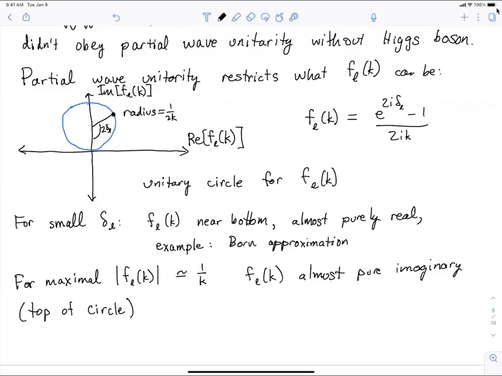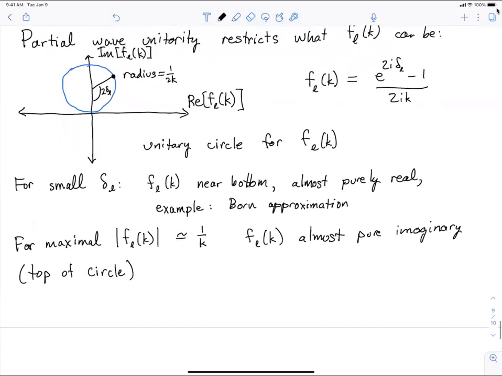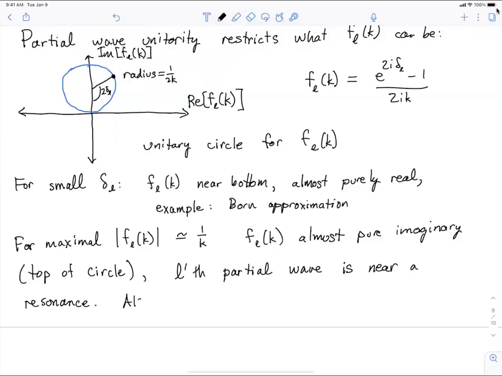Okay, and not today, but in a future lecture, we'll explore in more detail what that means. And it means that the nth partial wave is near a resonance. Okay, and also sine of delta L is near 1, so you're saturating the partial wave unitarity bound.